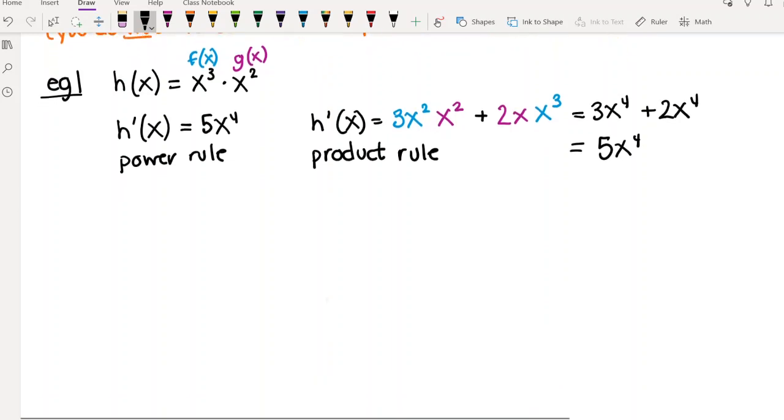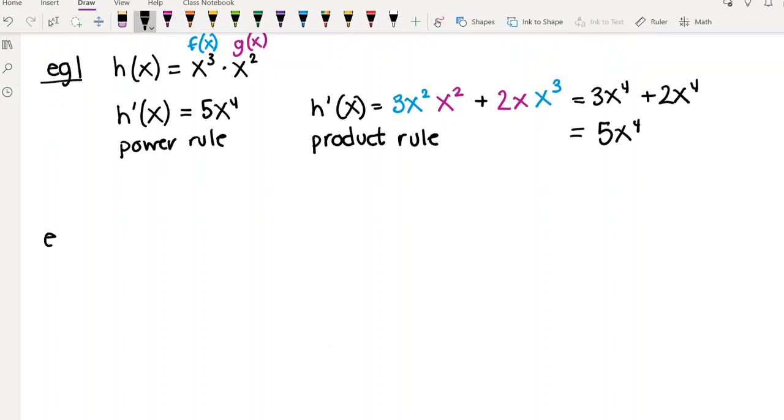I also want to show you the other example that we did, which was h of x is equal to 4 times x. So again, this is one where you do not need to use the product rule. I want to be really clear because a lot of people end up, I think, using the product rule in places where they don't really need to. Anytime you have a constant times a function, you don't need to use the product rule.